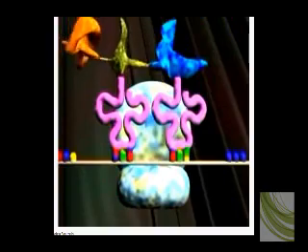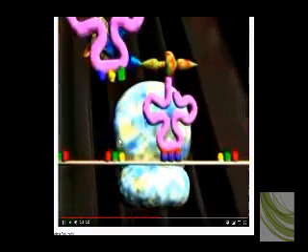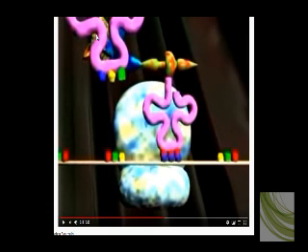Now here we can see transfer RNAs bringing these amino acids, and I'm going to pause this. Let me move it a little bit. This is the transfer RNA molecule. Here's one. It's got an amino acid here, and this is the anticodon.